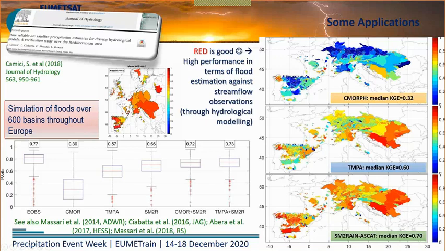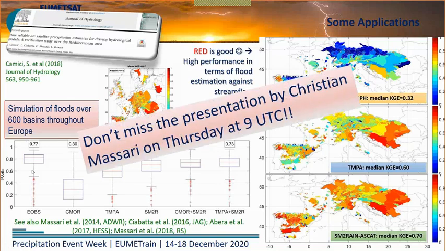And we can see that the soil moisture-derived rainfall and the integrated product between state-of-the-art rainfall product and soil moisture-derived estimates can provide very good results, very close to the one obtained by using the ground observation. But my colleague Christian Massari will talk about this on Thursday, so don't miss his presentation.